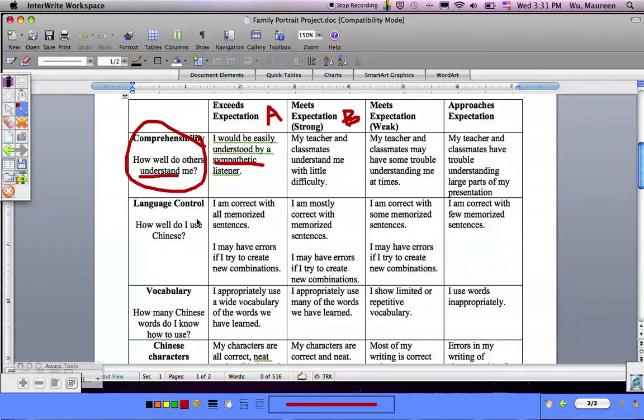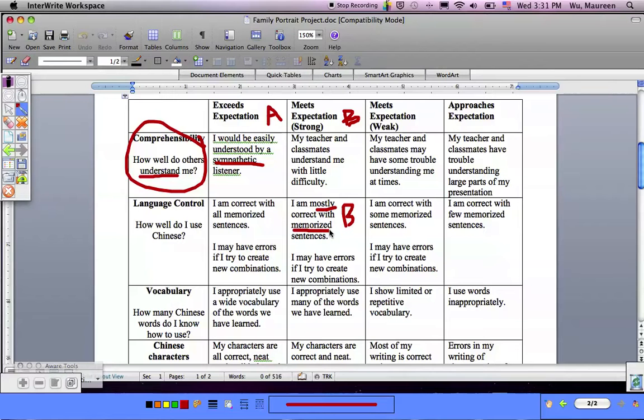Next thing is language control. How well do I use Chinese? If you meet expectations strong, and that's the B, you are mostly correct with memorized sentences. So which sentences are memorized?